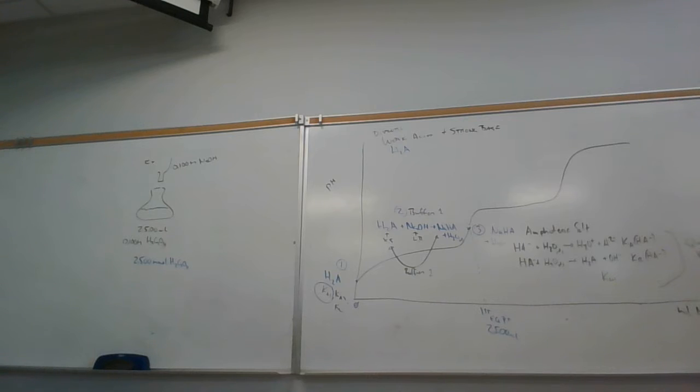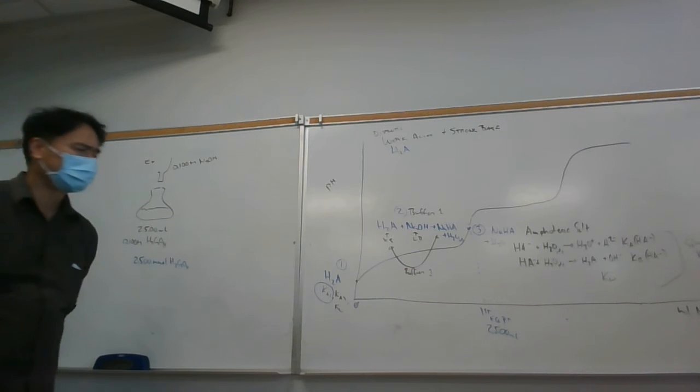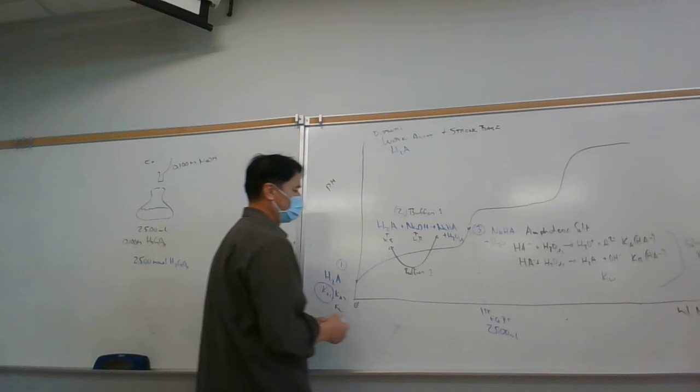One of the points is the half equivalence point. And so where I neutralize 1/2 of my acid, well, the total acid is going to be 25 milliliters. And so to neutralize 1/2 of it, I'm going to need 12.5 milliliters. What I did in my green pen.